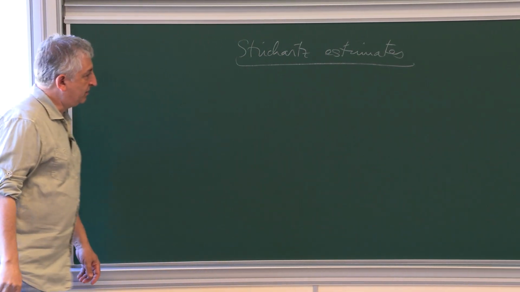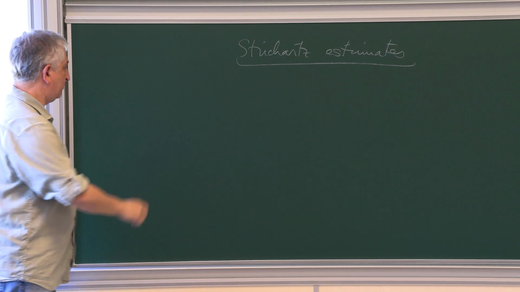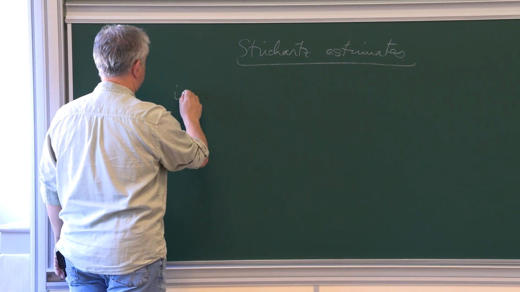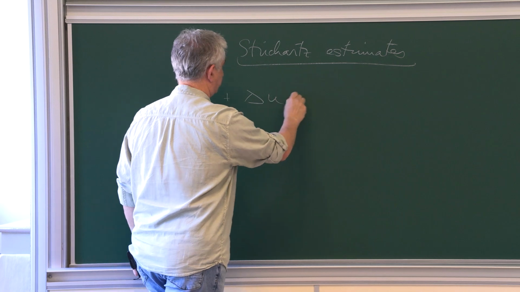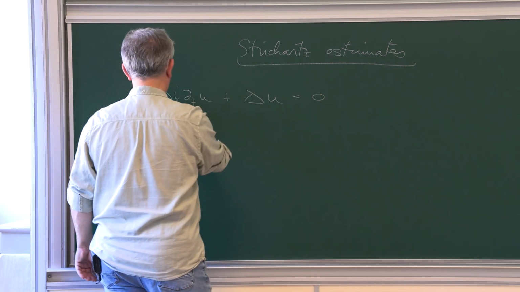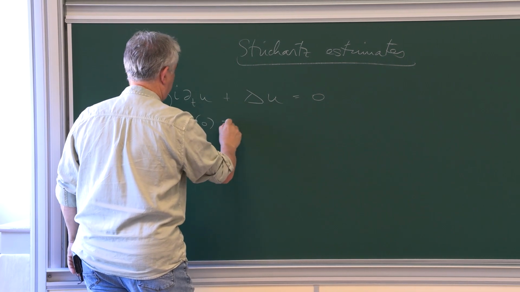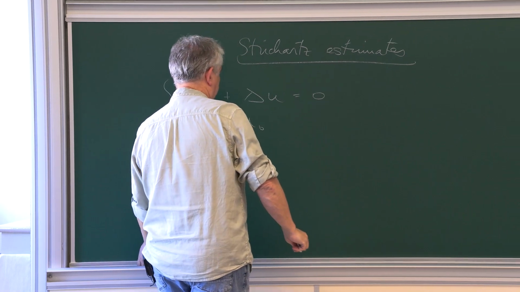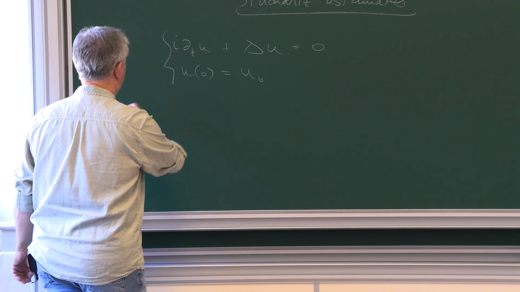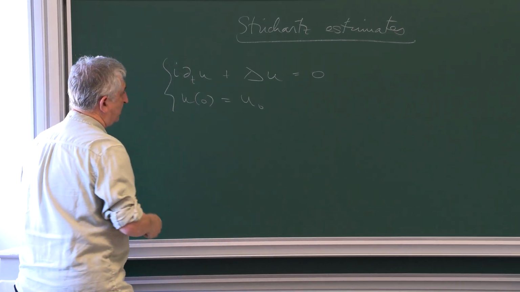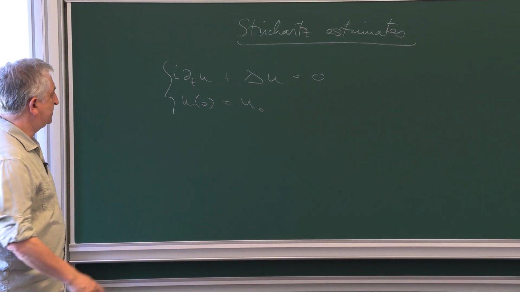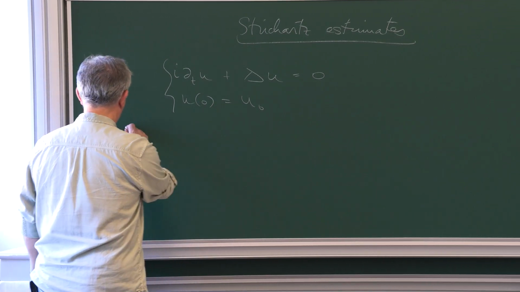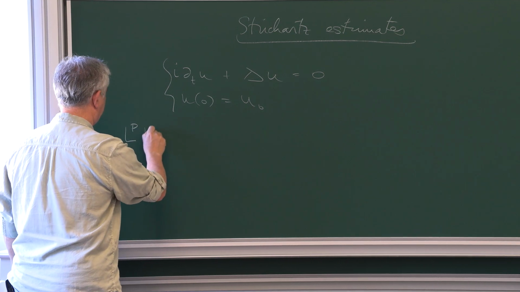Let me begin with the simplest setting where I have the constant coefficient Schrödinger equation with initial data u(0) equal to u0. Then I'll briefly remind you what the Strichartz estimates are. So we have these mixed L^p norms, L^p L^q.